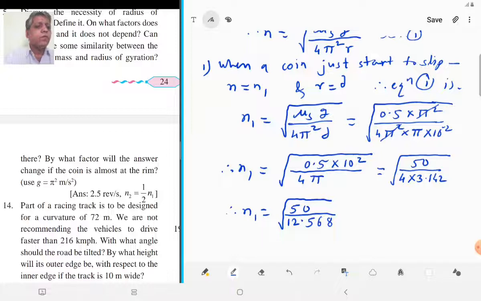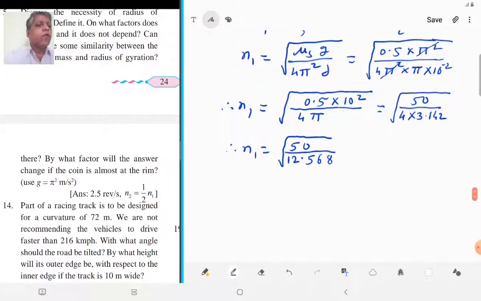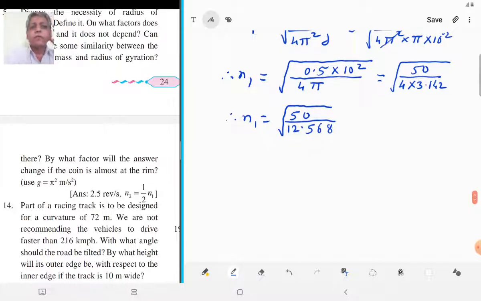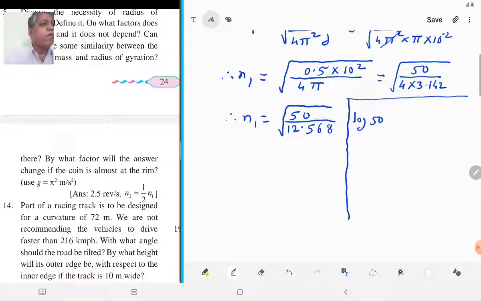Now solve it by using the logarithmic table. First see the log of 50. Log of 50: the characteristic is 1 and the mantissa is 6990.